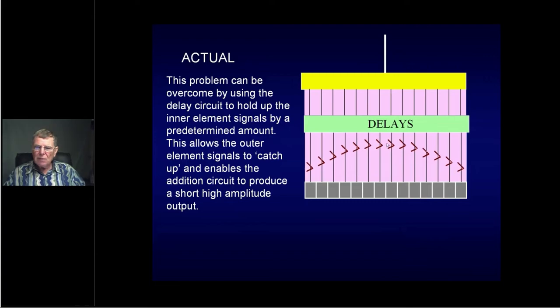When they move up into the delay circuit, it will hold up the voltages within this little central area, allow all of them to catch up with each other, and add together into a single big output voltage. Beautiful. So even though you've got a curved wavefront, you get this nice signal, providing the delays are set correctly.